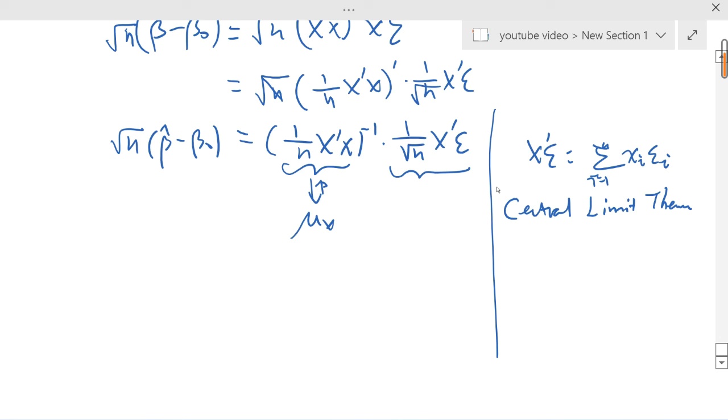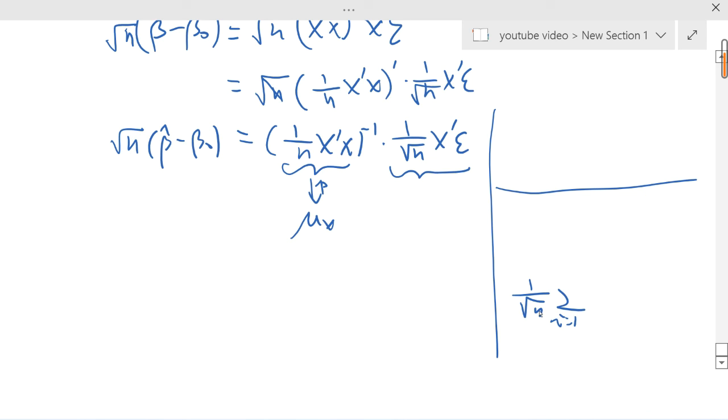Again, it says that if y1 to yn are IID random variables with mean 0 and finite second moment, and then you sum them up and scale by root n, not by n.